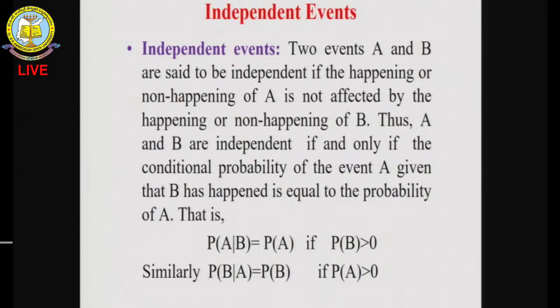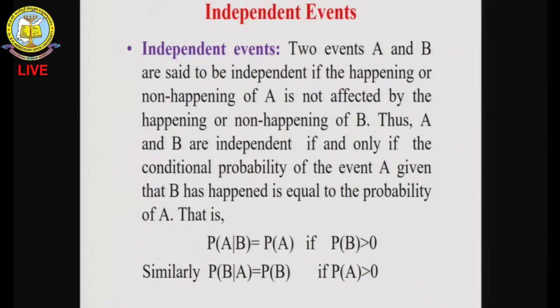Thus A and B are said to be independent if and only if the conditional probability of the event A given that B has happened is equal to the probability of A.